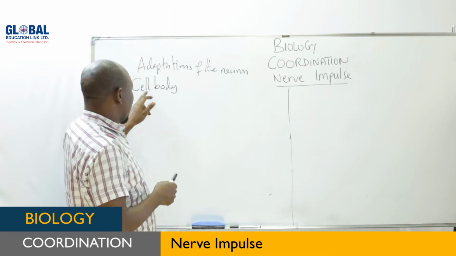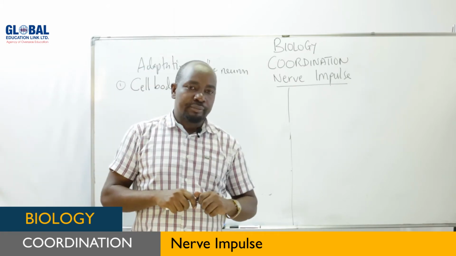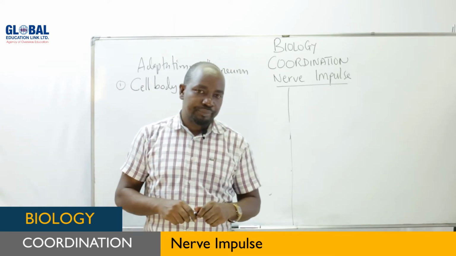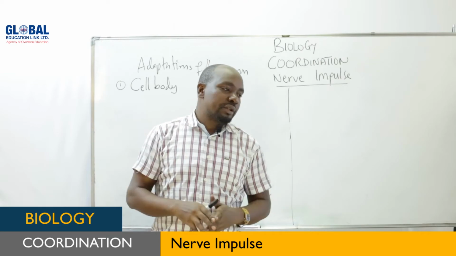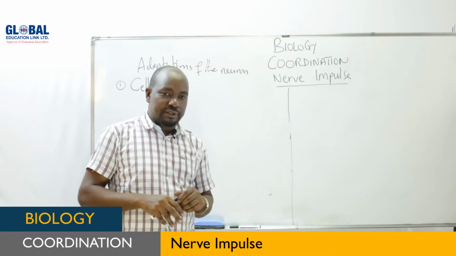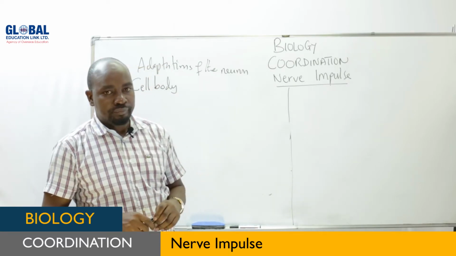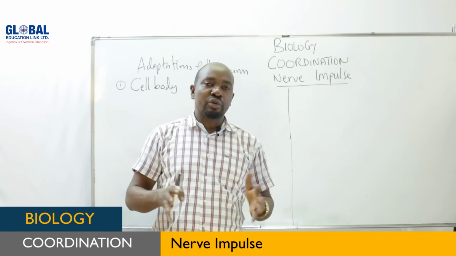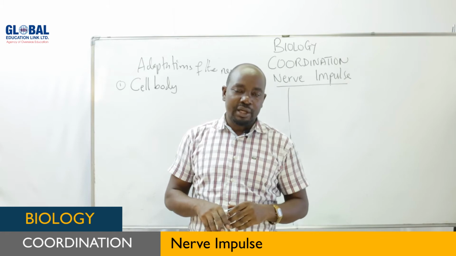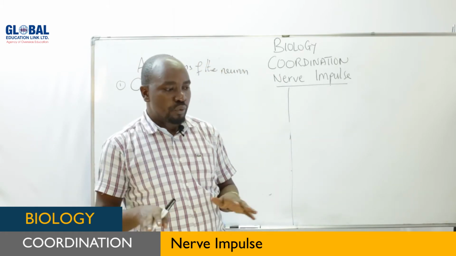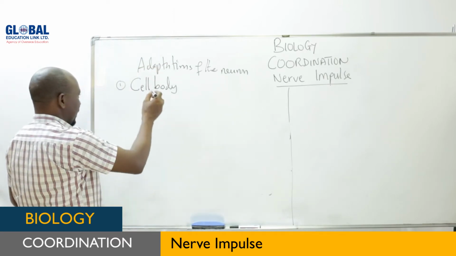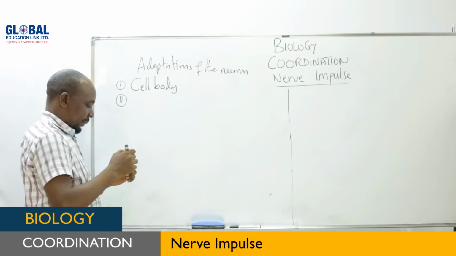The major function of the cell body is to coordinate all activities of the neuron, and it contains a large cytoplasm with nutrients to nourish the neuron. So apart from controlling all activities of the neuron, the cell body acts as a nutritional center to feed the cell. That is the advantage of having the cell body.